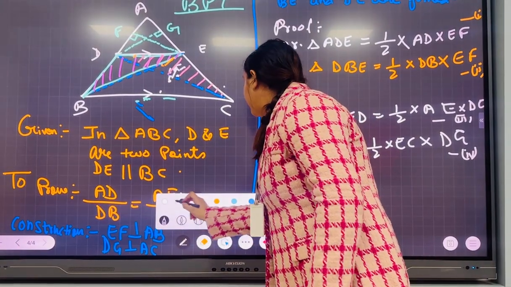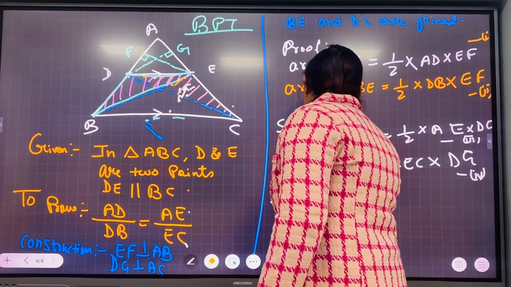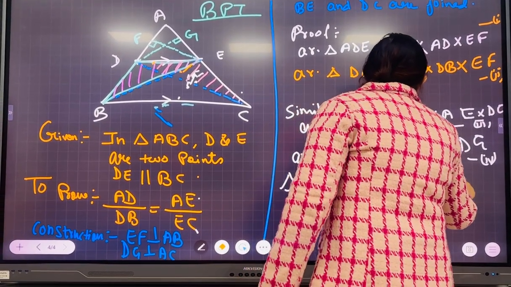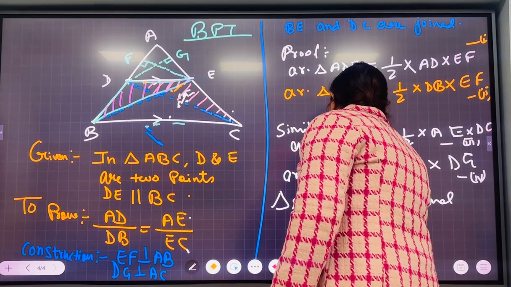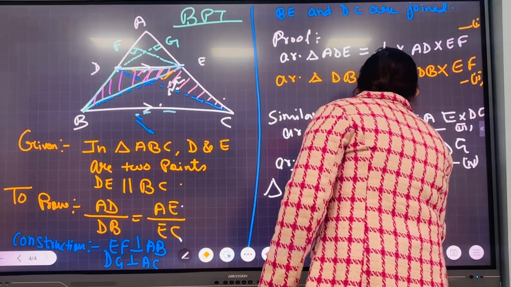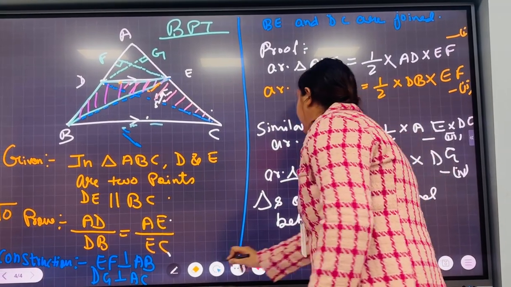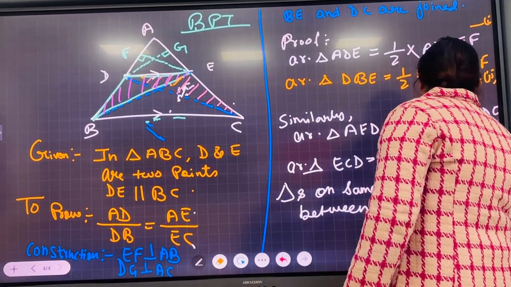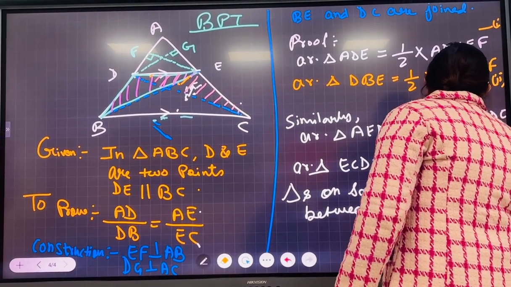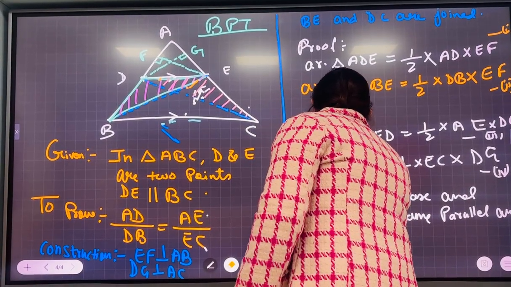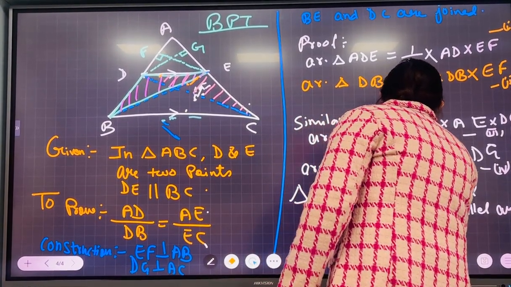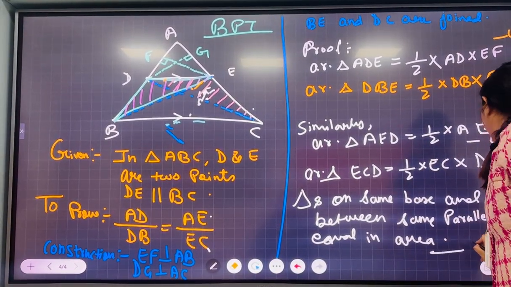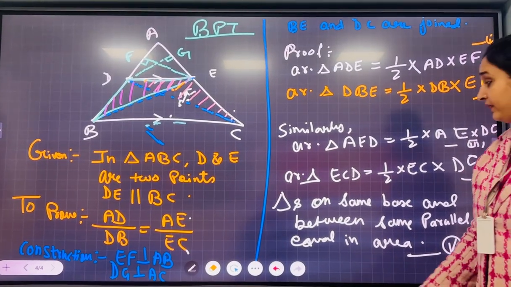So I can write over here, triangles on the same base and between the same parallels are equal in area, right? Let this be equation number 5.